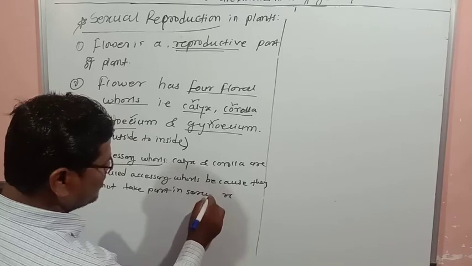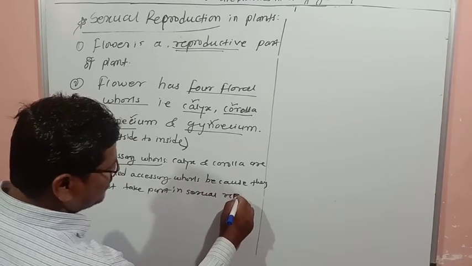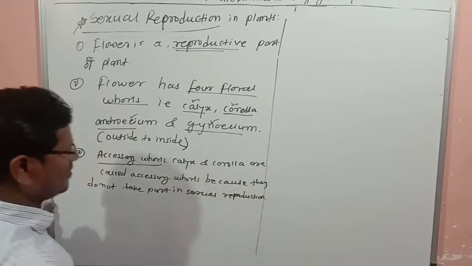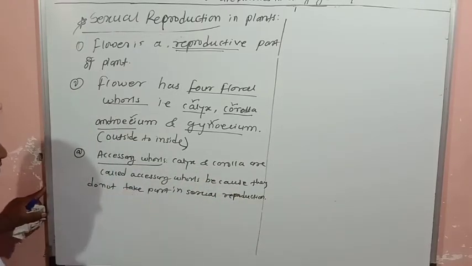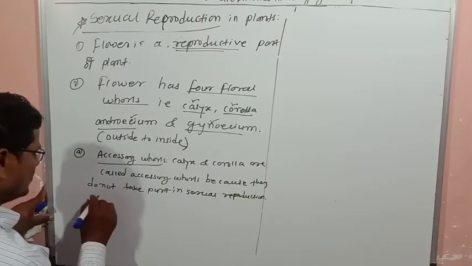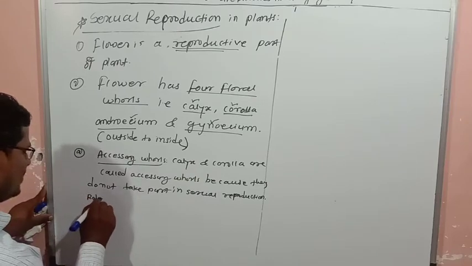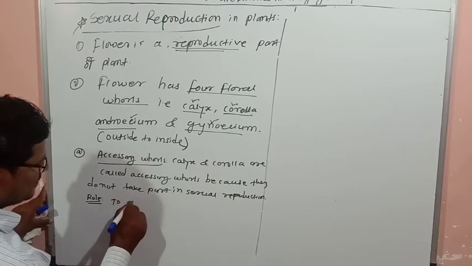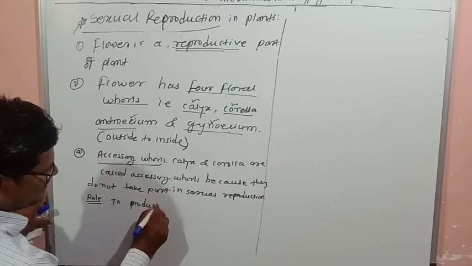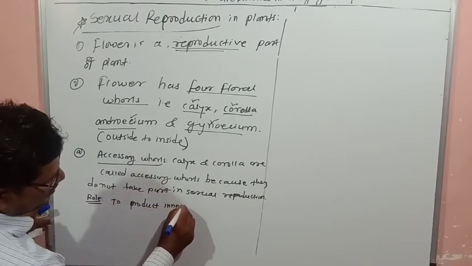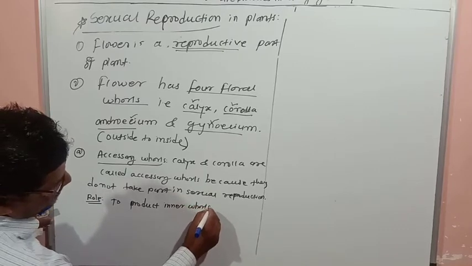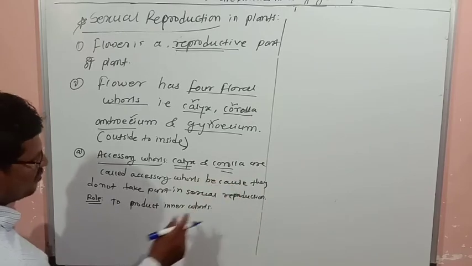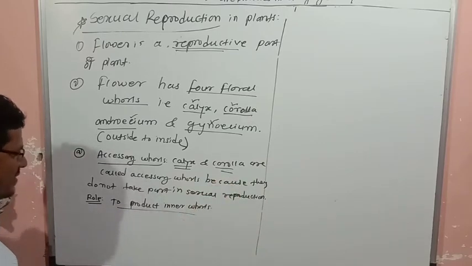They cannot take part in sexual reproduction, and the role of calyx and corolla is to protect the inner whorls.